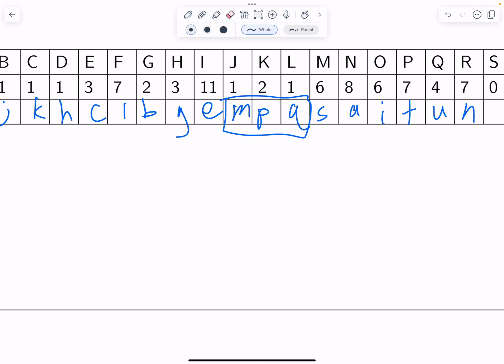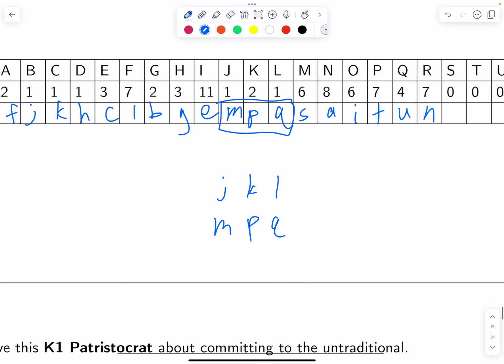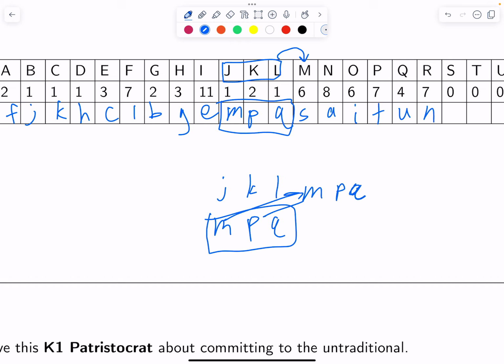J, K, L, M, P, Q. Now the thing is, in JKL, the next letter after L is going to be M. So if this is not in the keyword, then it would continue with MPQ, right?